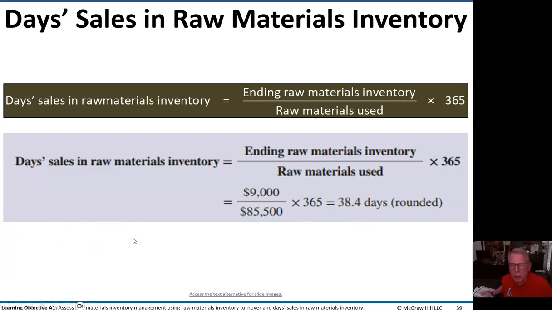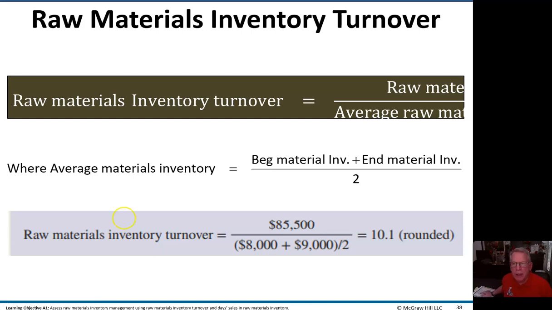I misspoke a little bit. Let's go back. The calculation here is going to be raw materials used divided by average raw materials. So our average raw materials is shown here. And so this is going to be the raw materials used, 85,500.